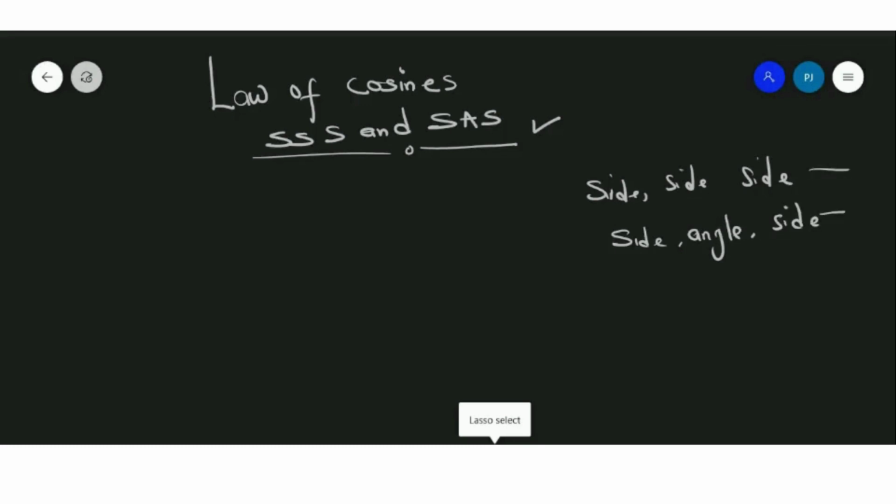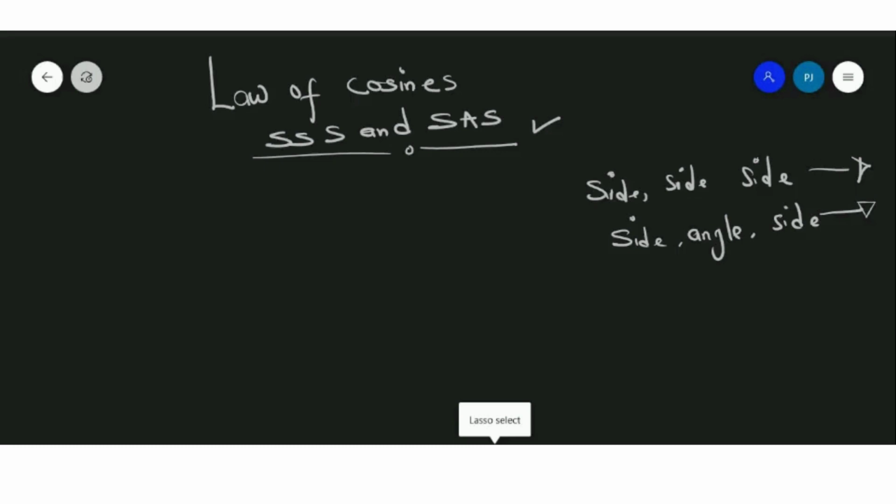These are the postulates that you can adopt whenever you're solving the laws of cosine. So let's go ahead and see this time around how we can use these laws. All right, so let's start.